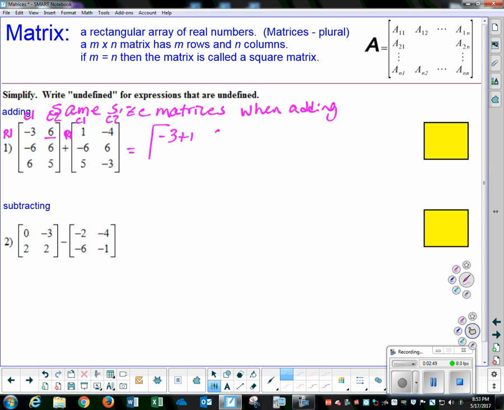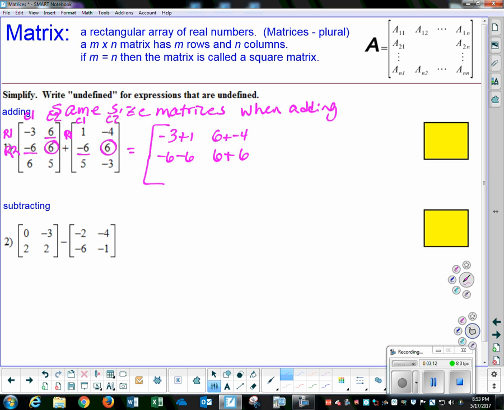Then I'm going to put row 1, column 2 with row 1, column 2. So I'm going to take 6 and add -4 to that one. Now I'm moving on to row 2, and I'm going to take row 2, column 1, -6, add it with -6. And row 2, column 2, row 2, column 2 makes 6 plus 6.